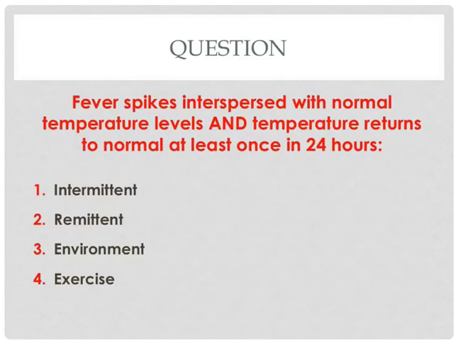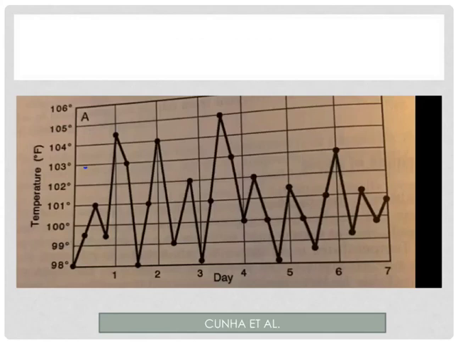So there's another question: fever spikes interspersed with normal temperatures, where the temperature returns to normal at least once in 24 hours. What do you think this fever pattern could be? Great, so intermittent fever, and we'll graph this pattern.